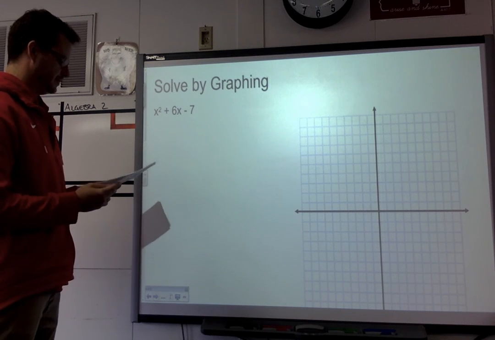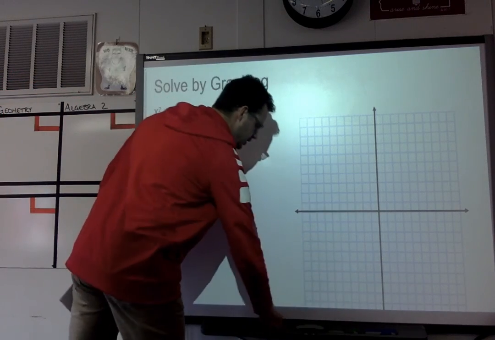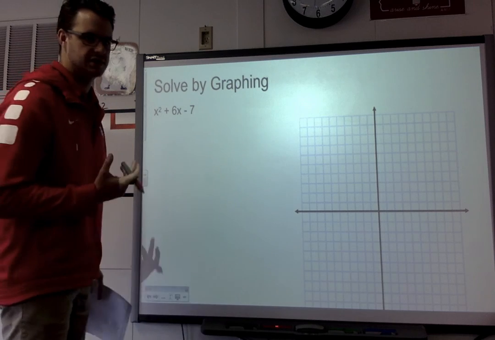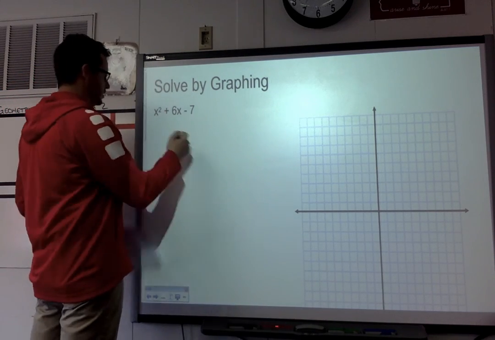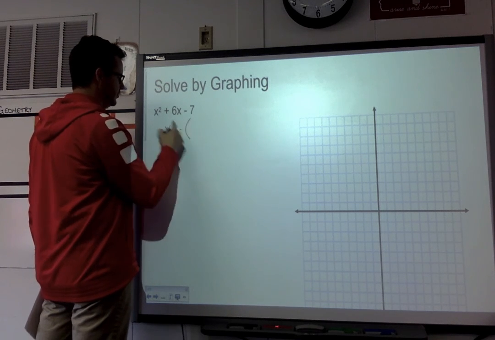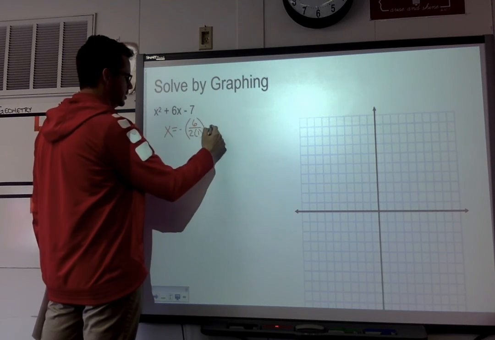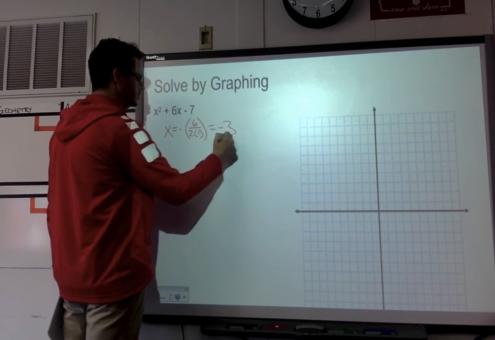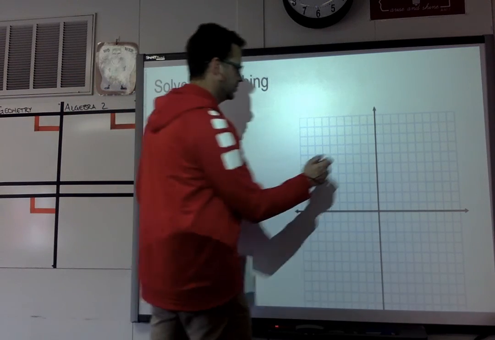Solve by graphing. X squared plus 6x minus 7. So we want to follow those same rules of graphing a quadratic function. First, find that axis of symmetry. So x equals negative b, which is 6, over 2a, so 2 times 1, which would be 6 divided by 2, so 3. So axis of symmetry at x equals negative 3.